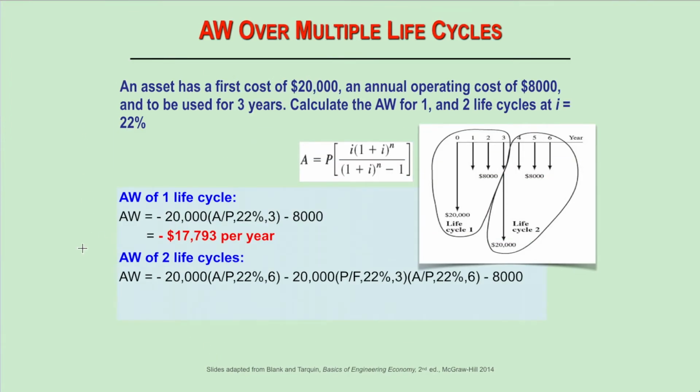Next, let's find the annual worth for 2 life cycles. The calculation of annual worth of 2 life cycles is shown here. In the first term, the first cost of the asset is converted into an annual worth over 6 years because we are now considering 2 life cycles. In the second term, the second purchase of the asset, which occurs in year 3, is first converted into a present worth value at T0.